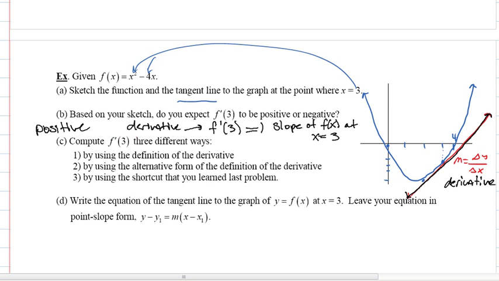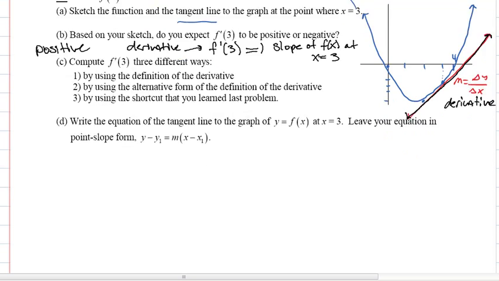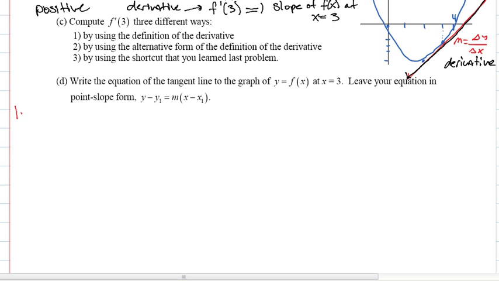Next: compute f prime of 3 three different ways, by using the definition of derivative, the alternate form, and the shortcut from the last problem. Let's use the first way. We know that the derivative is the limit as h approaches 0 of f of x plus h minus f of x, all over h.